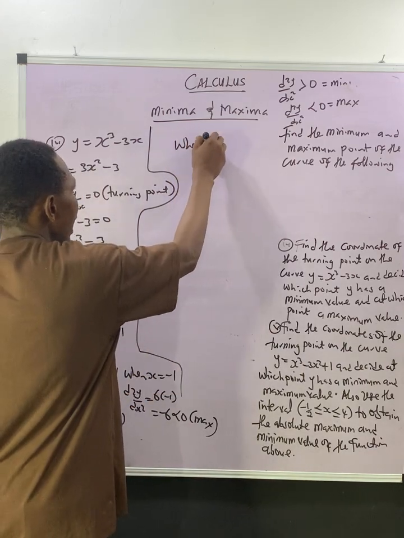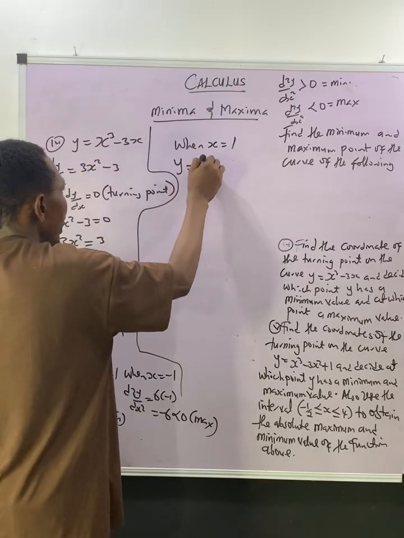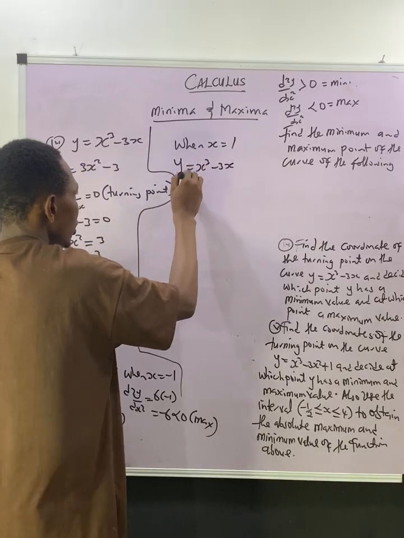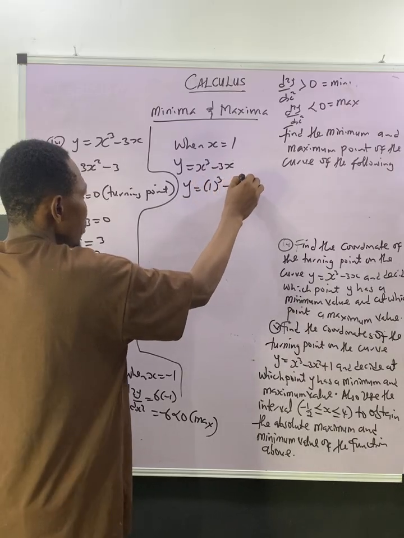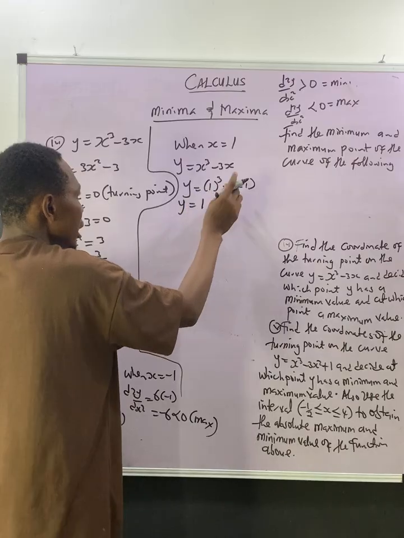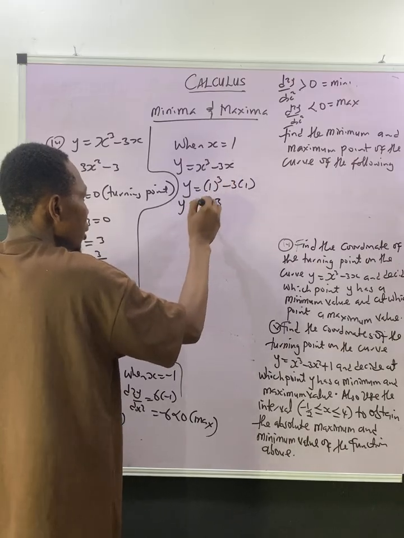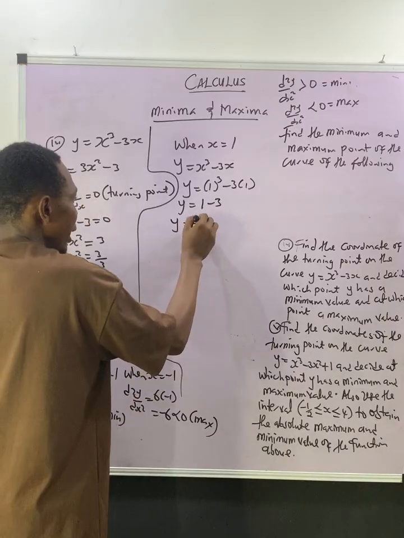So this time around, when x was equal to 1, remember our y is equal to x cubed minus 3x. So y is equal to 1 raised to power 3 minus 3 times 1. 1 raised to power 3 is 1, then minus 3 times 1 is minus 3. So y is equal to 1 minus 3, which is minus 2.